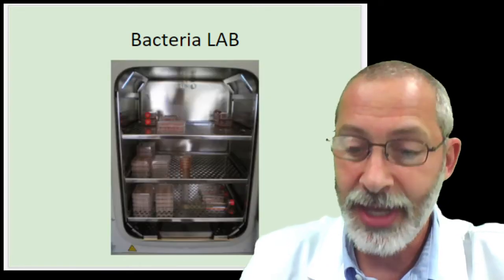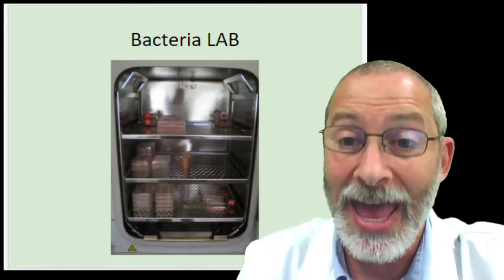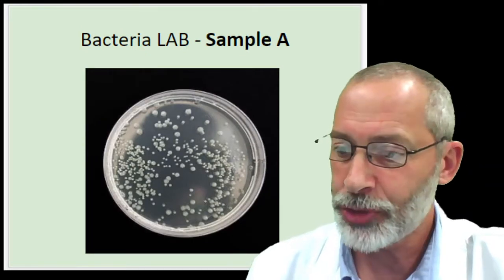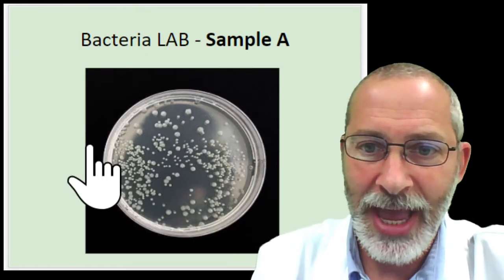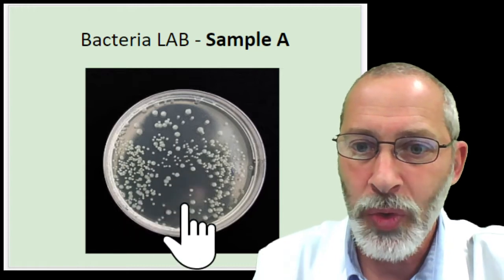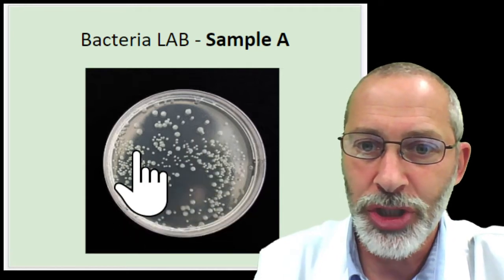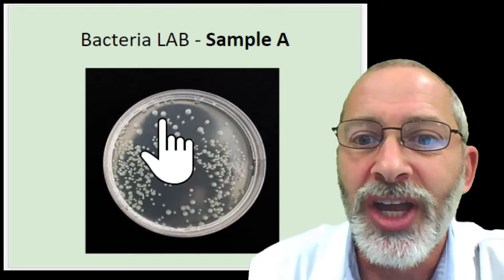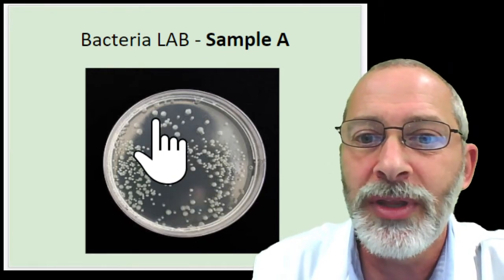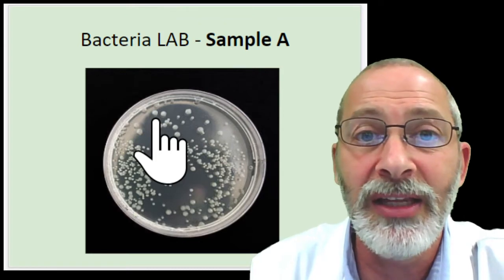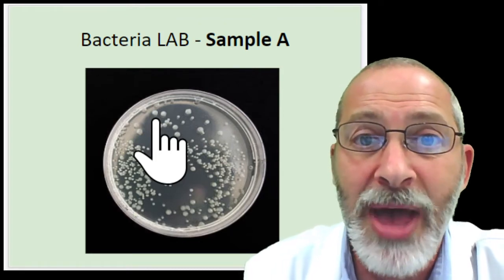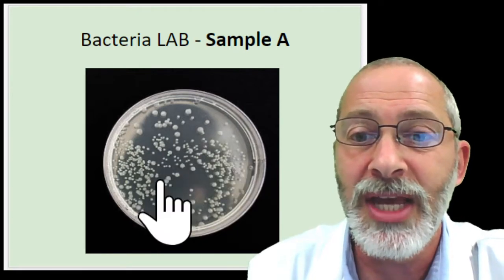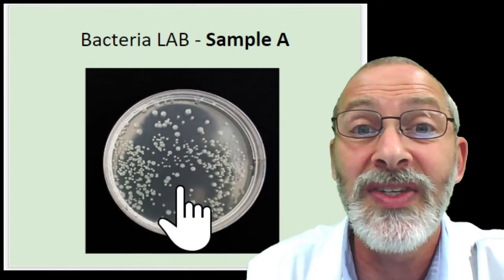So let's get to sample A. Here it is. When we look at the Petri dish, look at all of these round spherical structures. These are not individual bacteria, folks. These are colonies. Each one of these round areas is a colony of millions of bacteria. This is what you might expect to see on the bottom of your toilet seat.